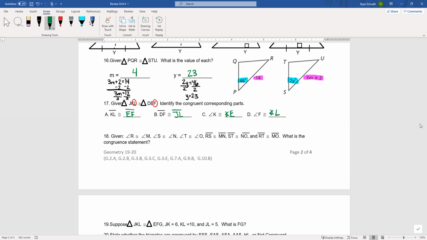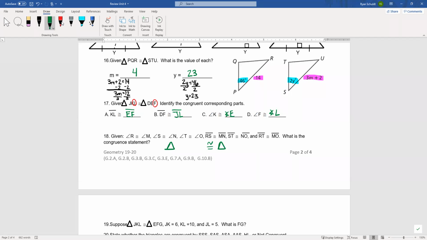Okay, number 18. Given that R is congruent to M, S is congruent to N, T is congruent to O, all those segments are congruent, what's the congruent statement? Well, just like we saw in 17, the congruent statement has to list the corresponding parts in the same order.